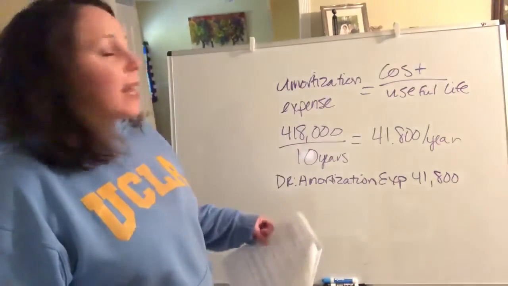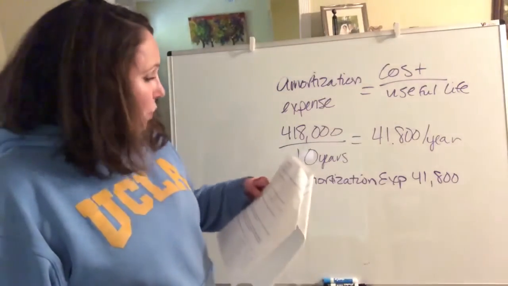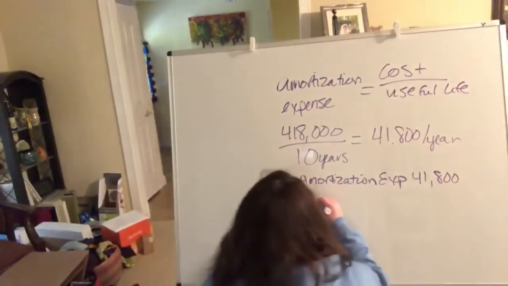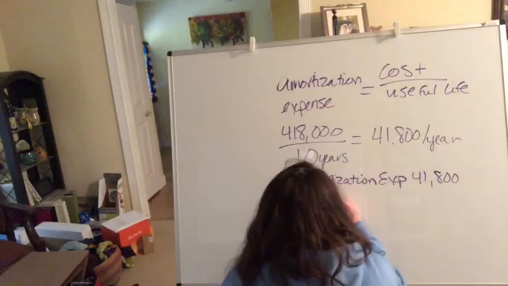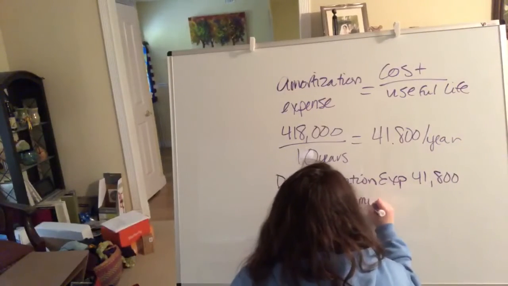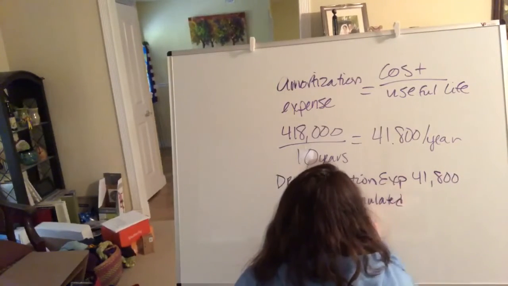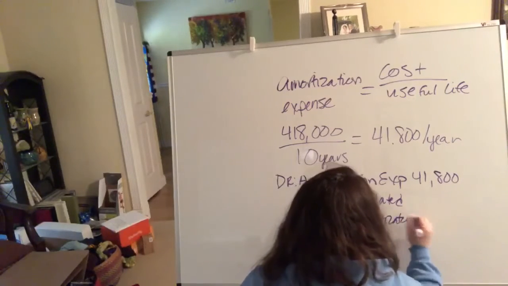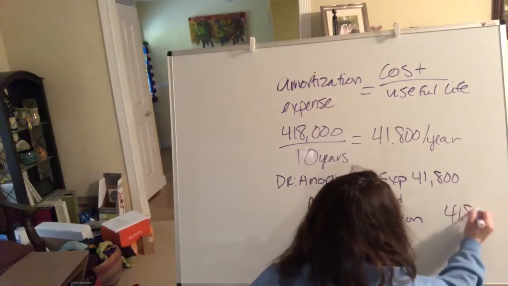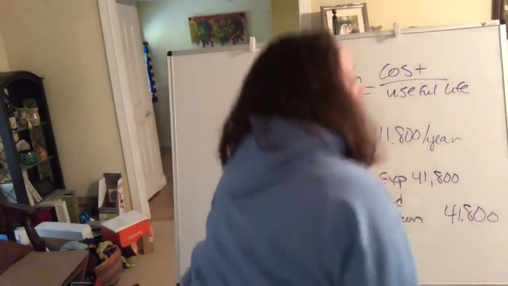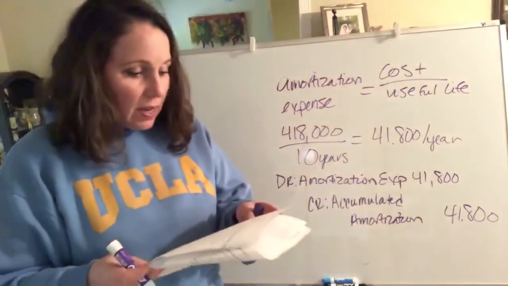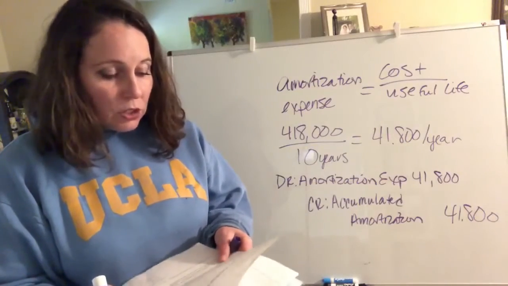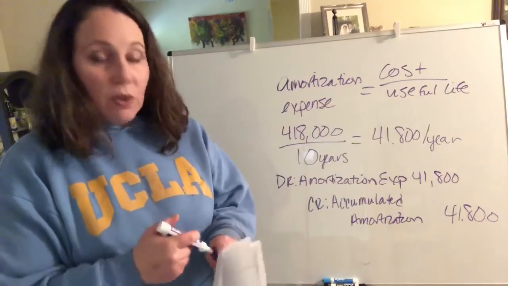We're not going to credit copyright. We're going to credit the accumulated amortization for $41,800.